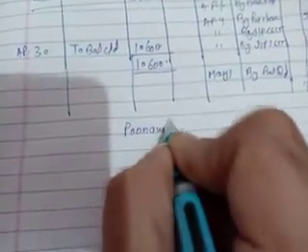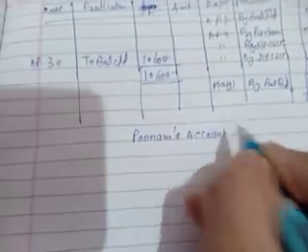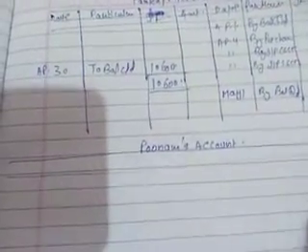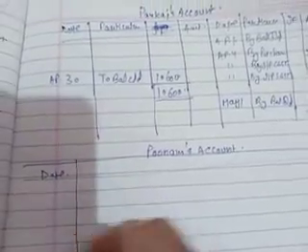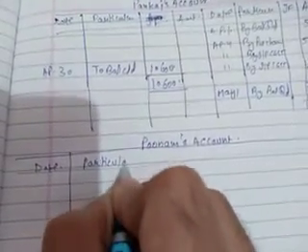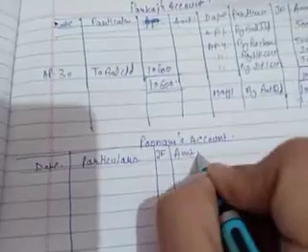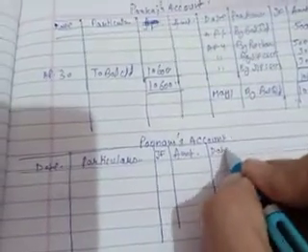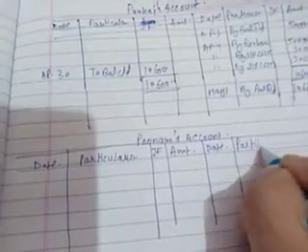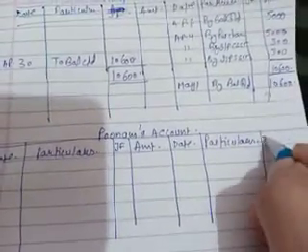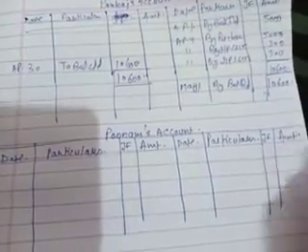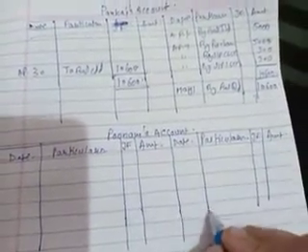Next, let us prepare Poonam's account. Date, particulars, general folio, amount, on both sides. Now see, Poonam was our debtor.